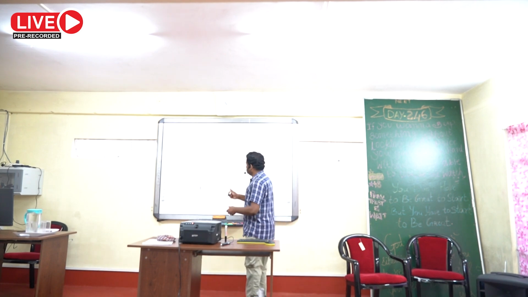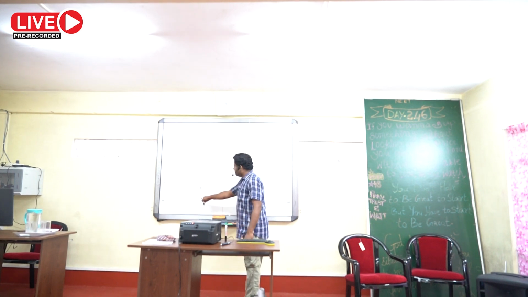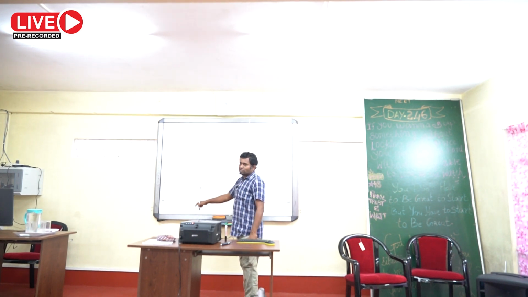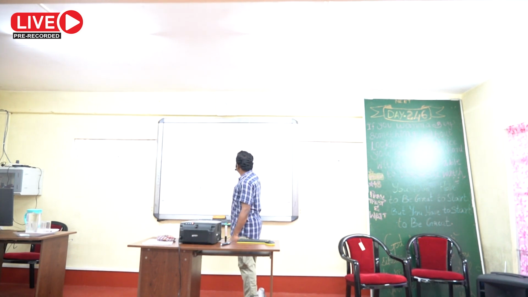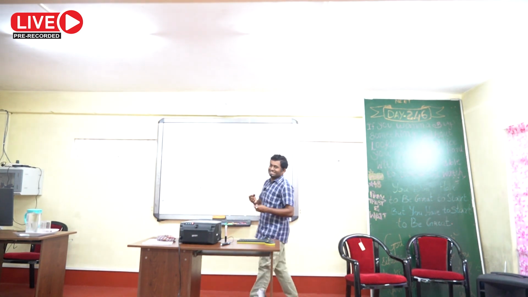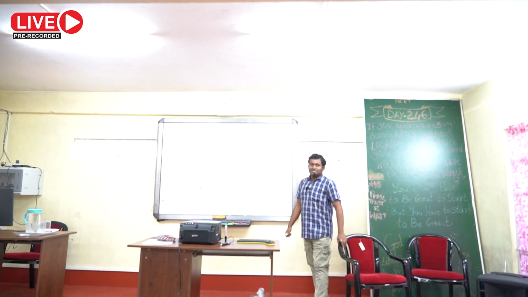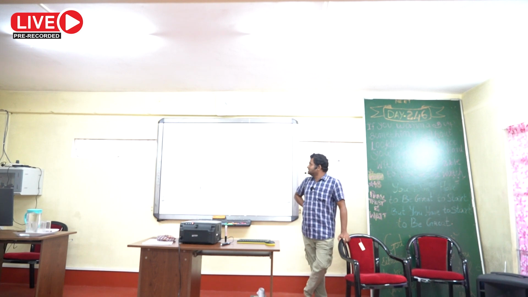Clear? Now, from this I will try to make a modification on the left side. You can write anything, whatever you wish. The left side can be written like this: d2 dt2 of m1 r1 plus m2 r2, because masses are constant. For the particles, masses are constant.